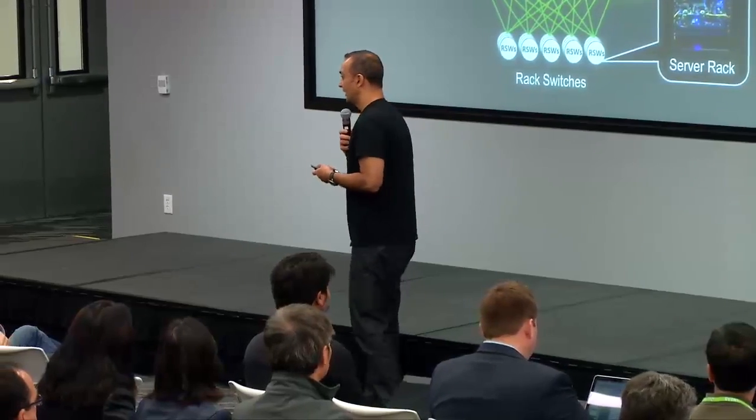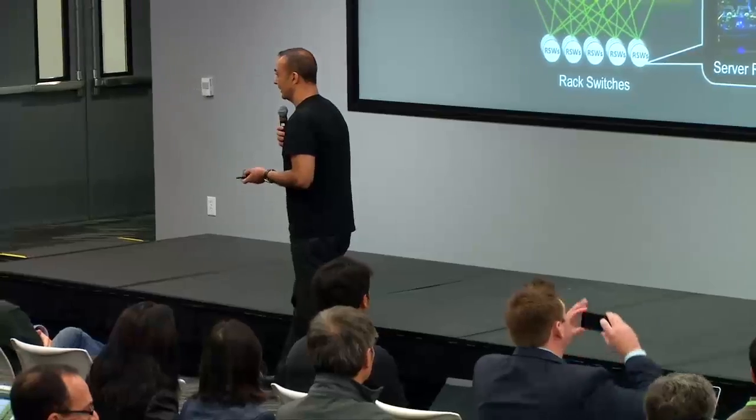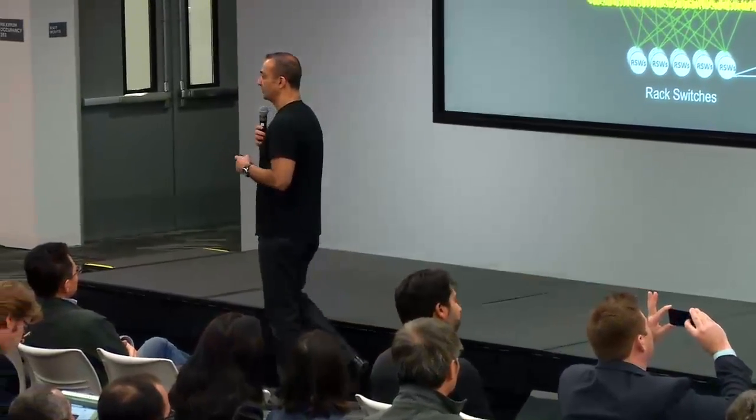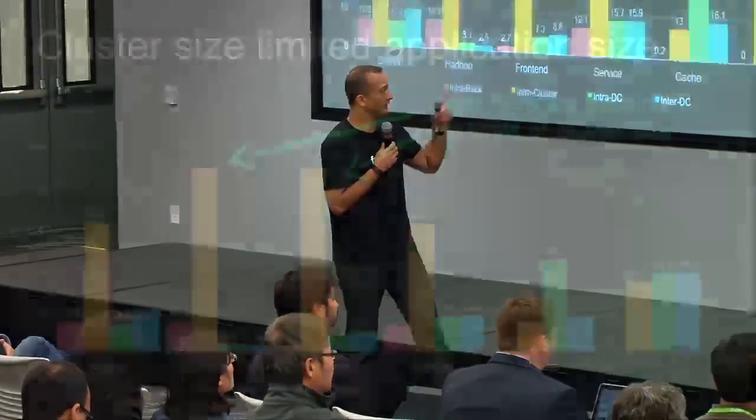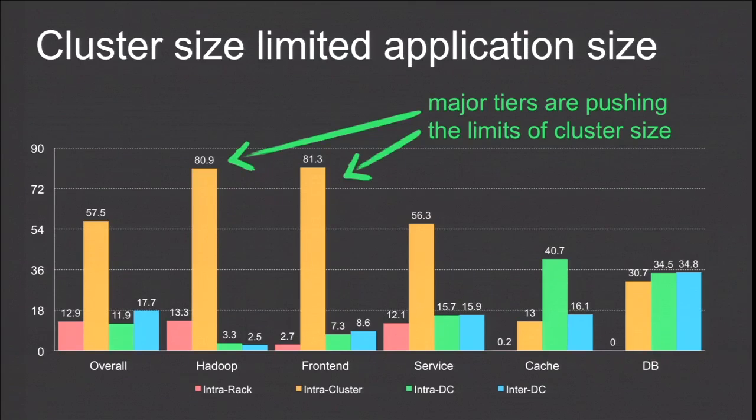That itself is a fairly hard problem to solve. Anything that you have to do at a physical level is always too slow and costs too much. So anything you can change and modify logically through software tends to be faster and quicker. Right? So if you look at the traffic volumes, we needed to solve this problem where our clusters needed to be bigger and be able to have a lot of traffic between racks.